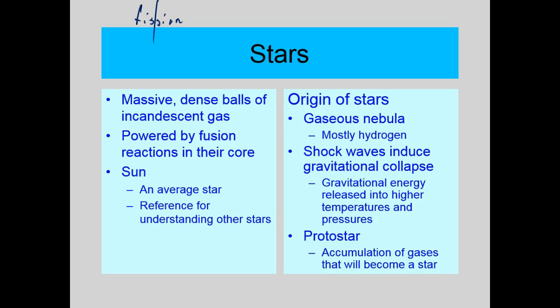It forces the molecules closer together, and what happens when you get atoms and molecules closer together, they start getting attracted to each other. When they're far apart, they don't even notice each other. But when they group together, then they have what they call gravitational collapse. So if that shock wave is big enough and strong enough, and the nebula is big enough and dense enough, then it pushes them together and they start clinging together.